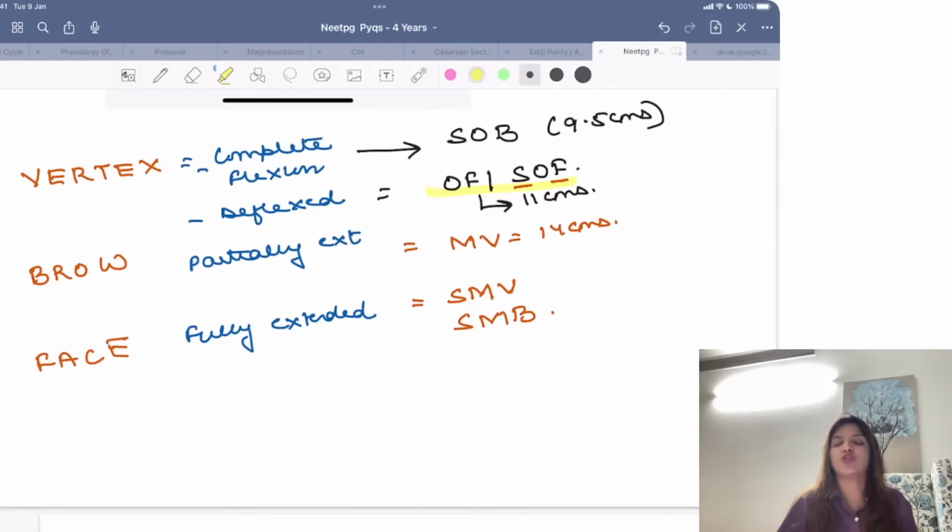In brow presentation, the diameter which comes into play is mentovertical diameter, which is the largest AP diameter. And that is why in brow you always have to do a cesarean section. And in case of face presentation, you get it when the head of the baby is fully extended, and the diameters which come into play are submentovertical or submentobregmatic diameter.